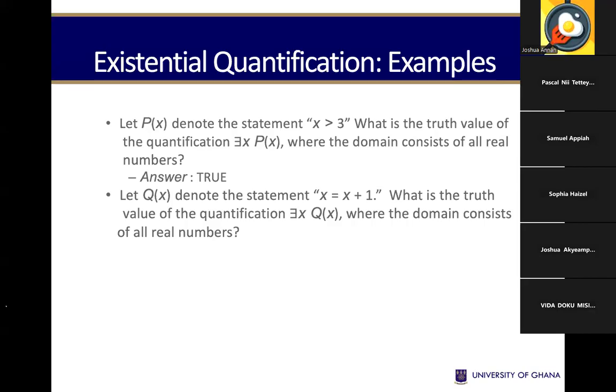So no matter what, this will be false because there is no way you can find at least a single value that will make that particular statement true. So for every possible value in the domain of real numbers, you always get this to be false. Okay?